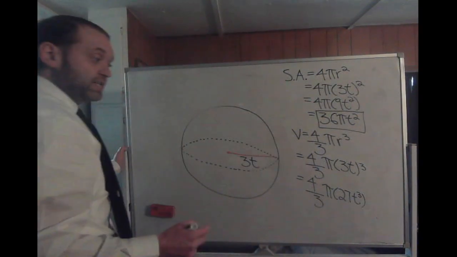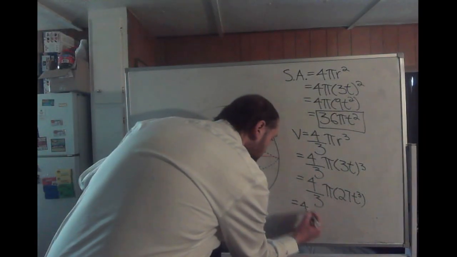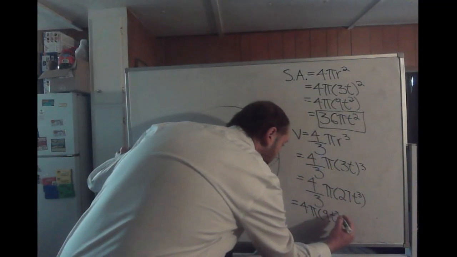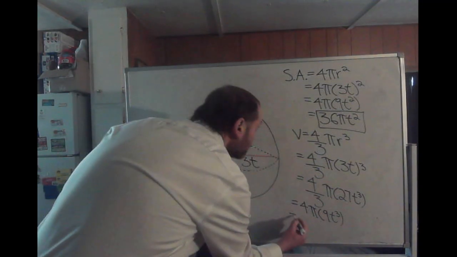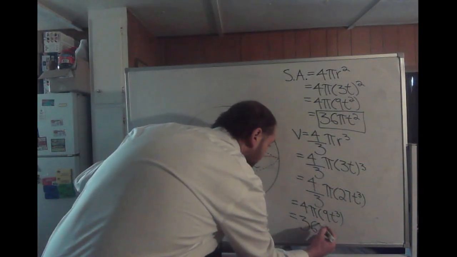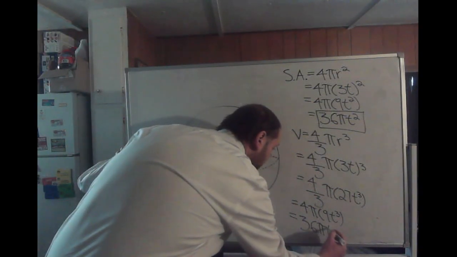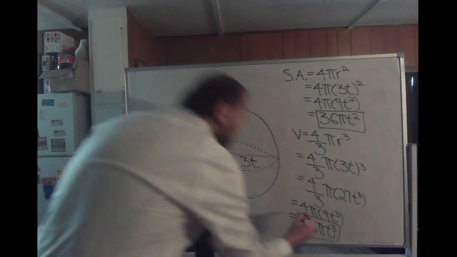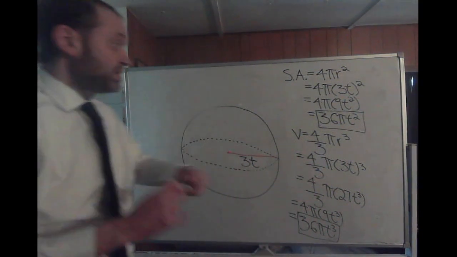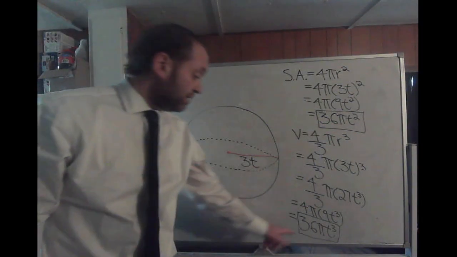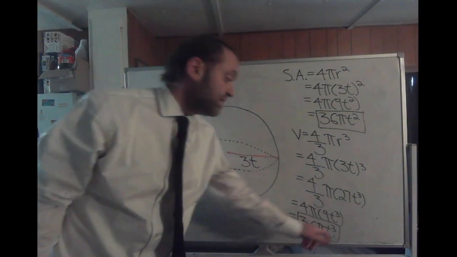Good news is 27 is divisible by 3, so you would end up getting 4 pi times 9t to the third power, which gives a volume of 36 pi t to the third power. So the surface area is 36 pi t squared and the volume is 36 pi t cubed.